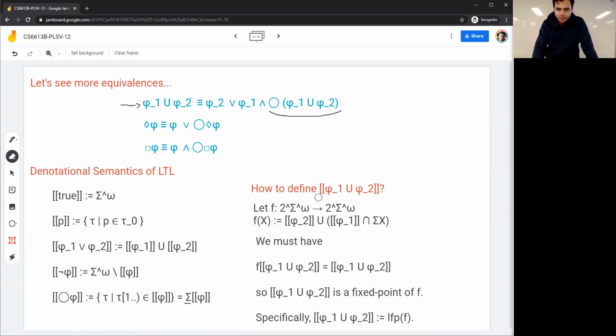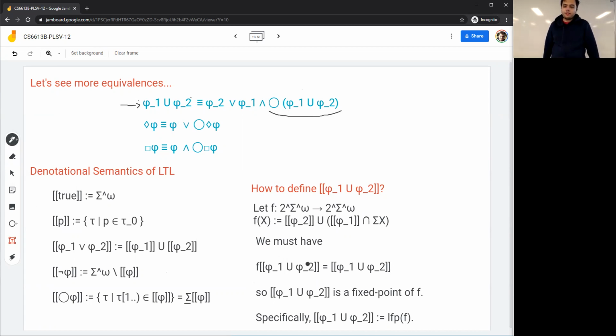So basically, this semantics should be the fixed point of this function F, right? Because when I apply F to this semantics, it gives me this one on the right, and I know that they should be equivalent. So the semantics of phi1 until phi2 is just a fixed point of this function F, which is kind of a weird function.